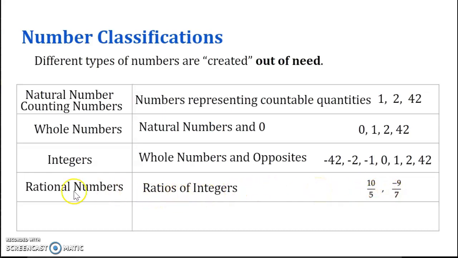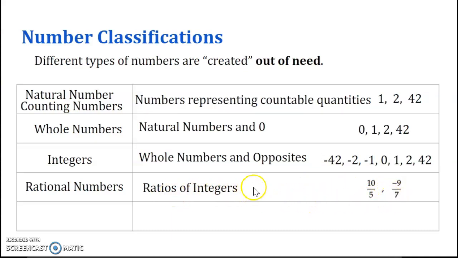So when you hear the word rational numbers, the first 5 letters should be saying ratio. When you hear the word ratio, it should be making you think about fractions. So rational numbers are numbers that can be represented as fractions. A ratio of integers is what we call a rational number, like 10 over 5 and negative 9 over 7.